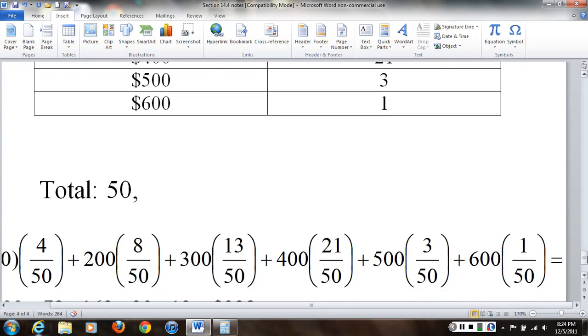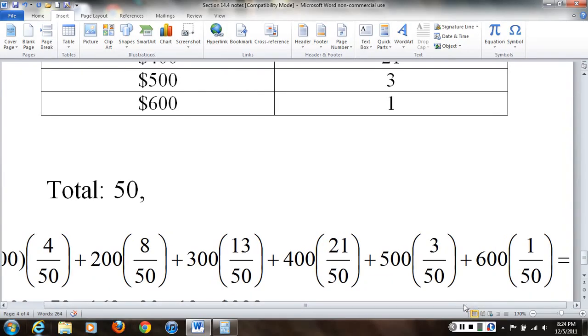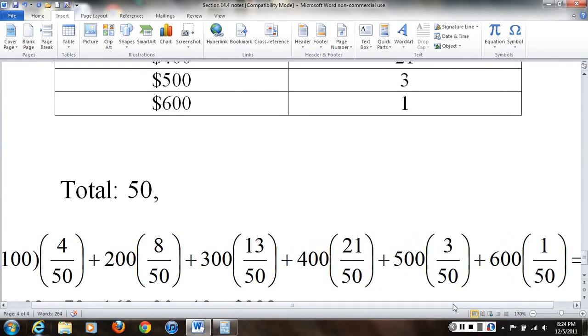So when we compare each of our probabilities, let me scoot that over. The first value I have, of course, is 100. Again, we're looking at profits, so these are all going to be positive. The probability of me gaining $100 is 4 out of 50 based on the empirical data.